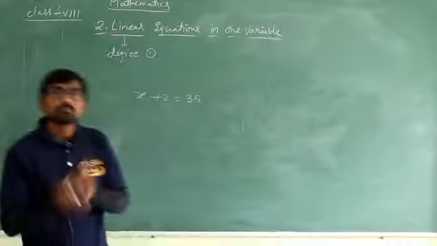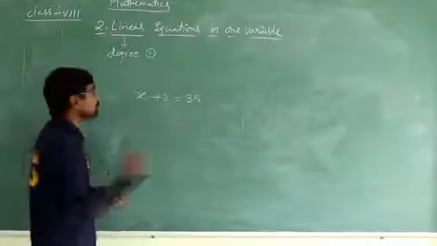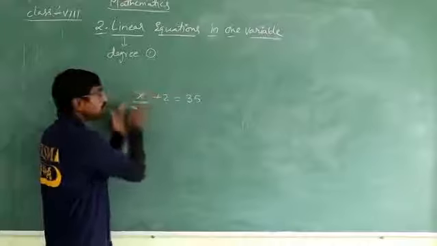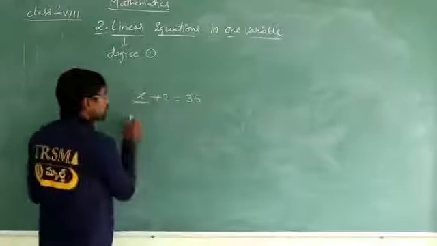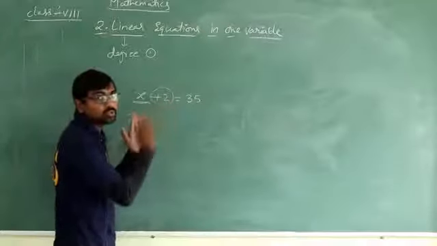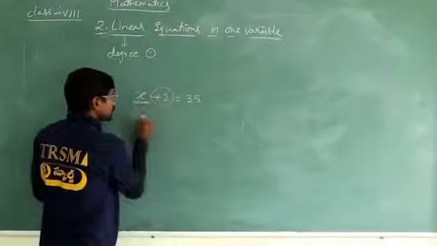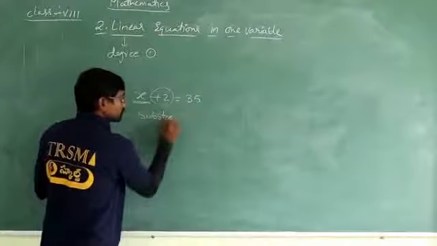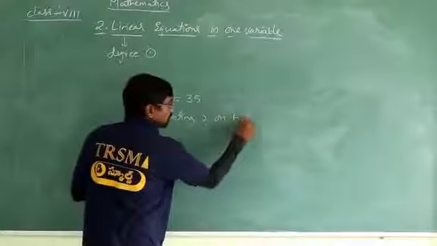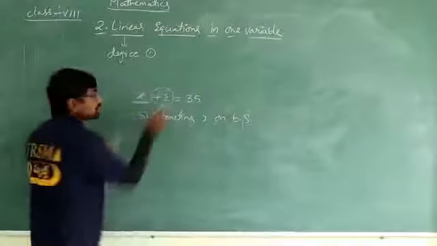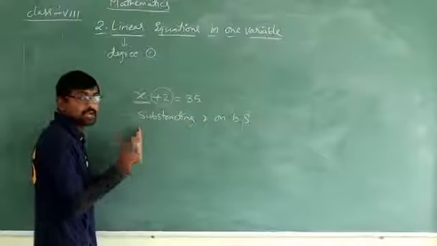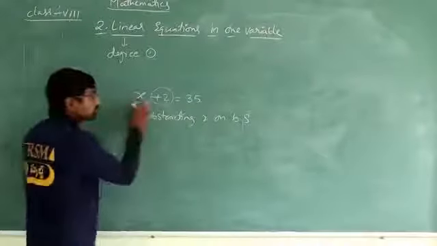Now I am actually calculating the number. I will keep x here itself and remove the rest. Here 2 is being added, so I subtract 2 on both sides. Why? Because 2 is in addition, so I have to keep the variable here and remove the rest.